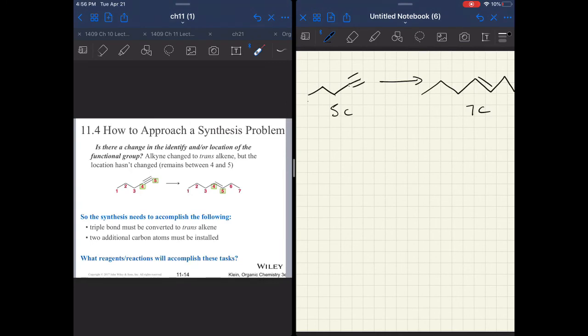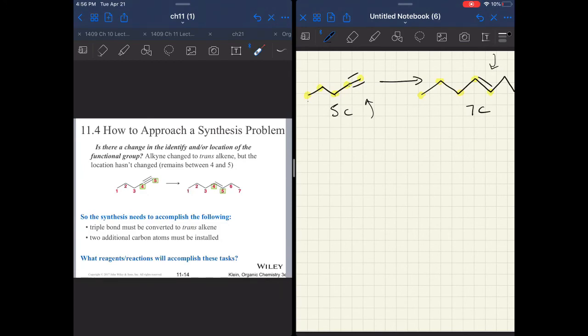So let's start there. We can see that we have 1, 2, 3, 4, 5. 1, 2, 3, 4, 5. So in the place where there's a triple bond here, we have a double bond here. So that's doable, but let's do that last, because if we make this into a double bond, we can't extend the carbon chain.